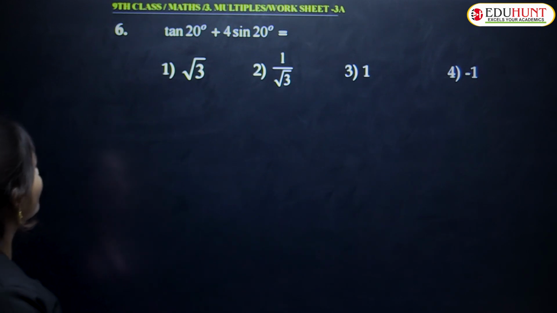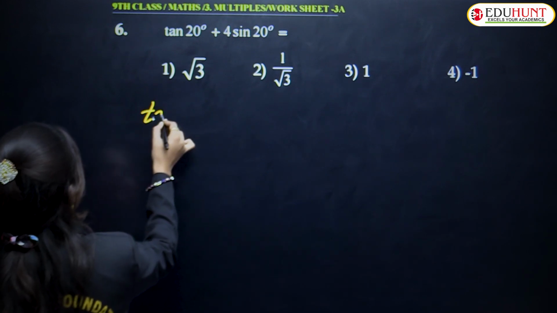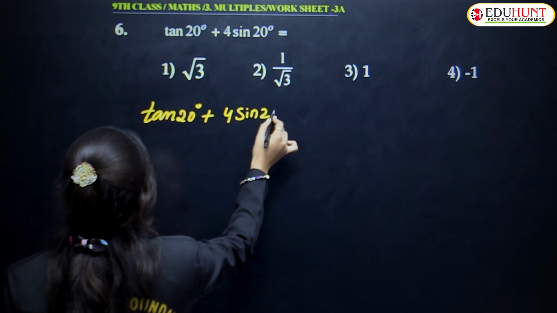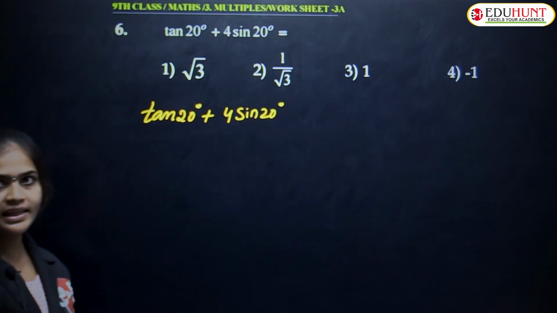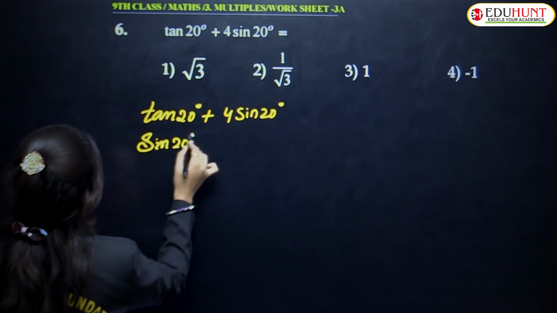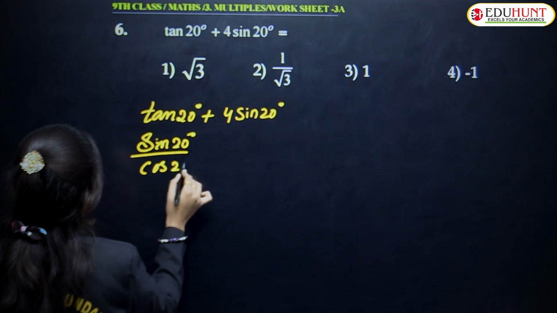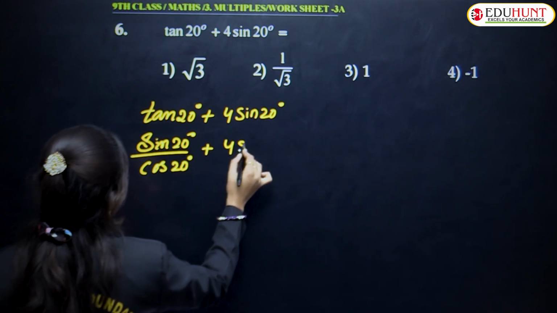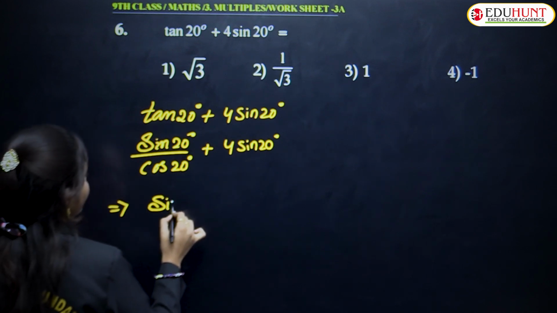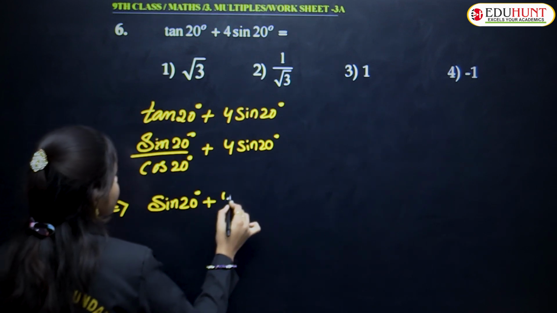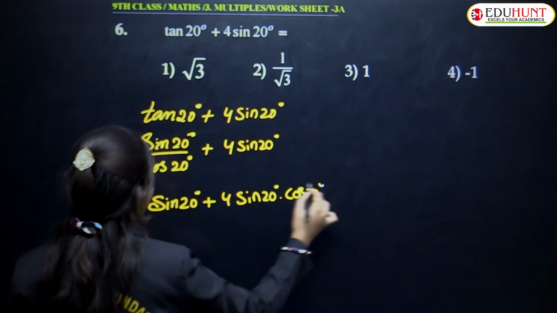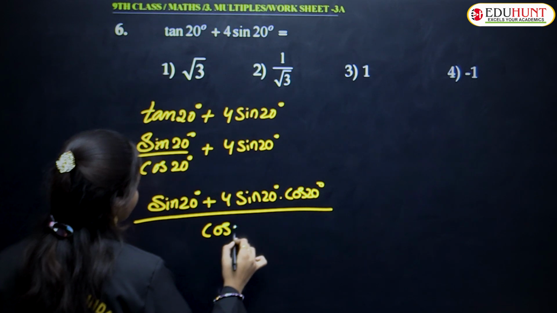Yes, sixth question, what is it here? Tan 20 degrees plus 4 sin 20 degrees. Here tan 20 degrees we can write in terms of sin and cos, that is sin 20 degrees by cos 20 degrees plus 4 sin 20 degrees, which is equal to sin 20 degrees plus 4 sin 20 degrees into cos 20 degrees, whole by cos 20 degrees.